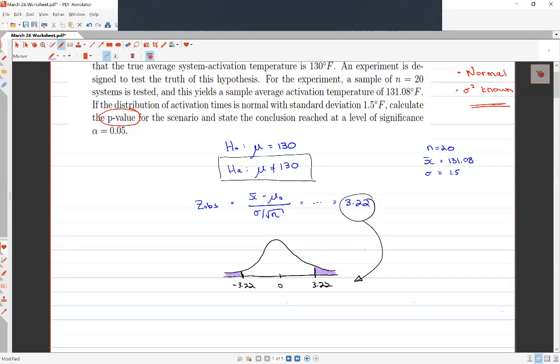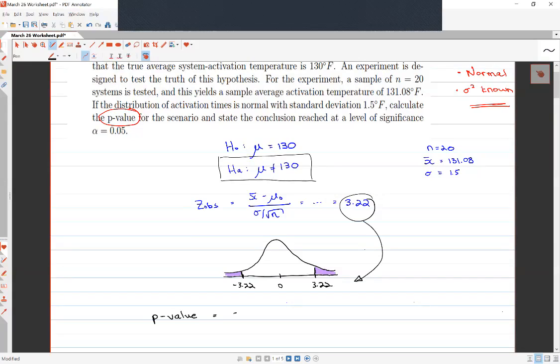Two-sided or generic alternative means we want the area in both tails. But the calculation of that is fairly simple. There is in fact just a formula that you can write down.